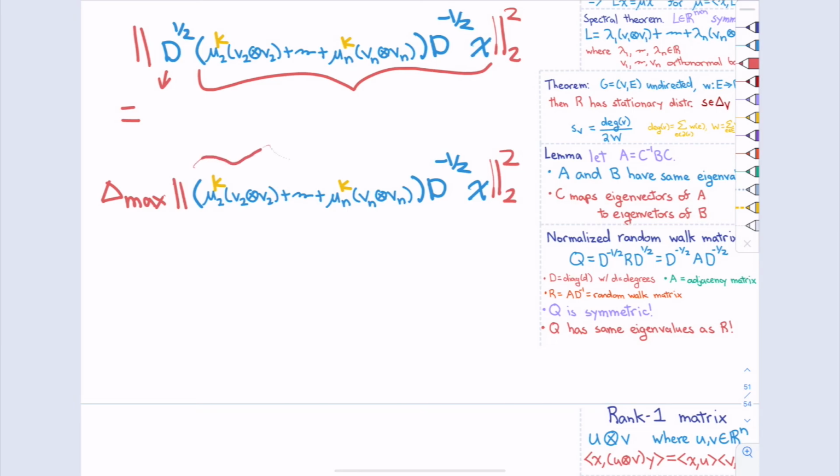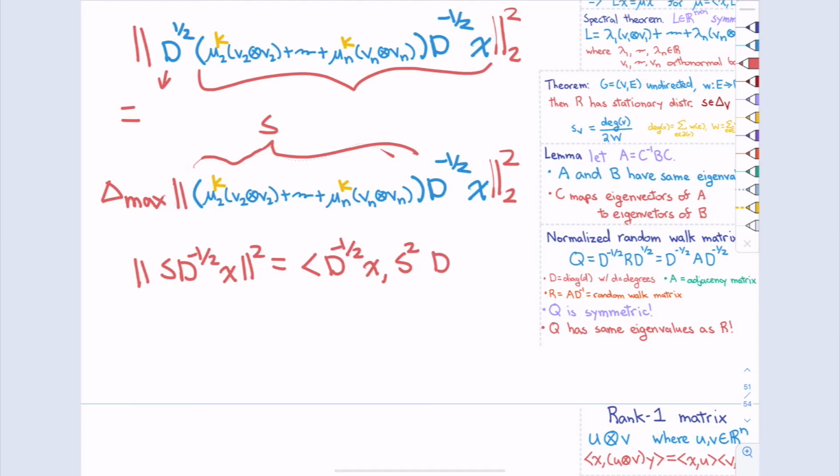I'm going to call this S. So if I look at S, d to the minus 1/2 x, I could think of it as applying... All right, so just expanding out what the inner product is, there's an s squared in the middle, right? Now my next goal is to get rid of the s squared term, okay?